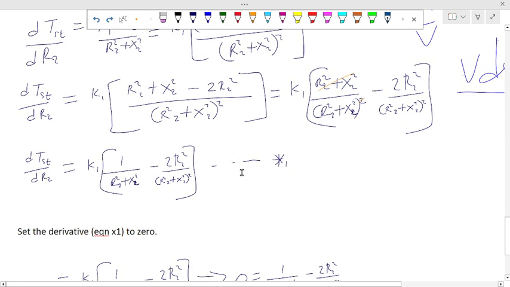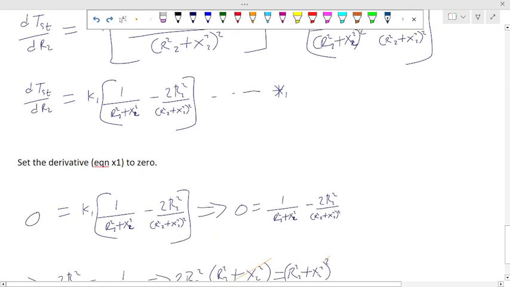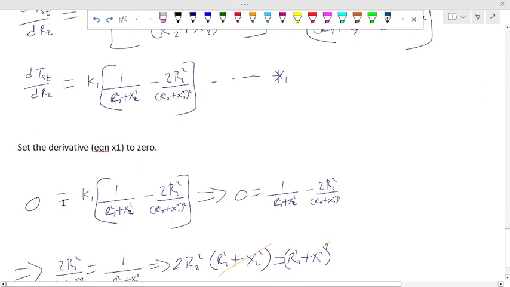So this is what we have now. Okay? Now, when you set the derivative of equation 1, which is this or asterisk 1, to 0, you are going to have this. Remember, we are setting it to 0 because at maximum or minimum point, but at maximum point in our discussion now, the change, which is this derivative, equals 0.